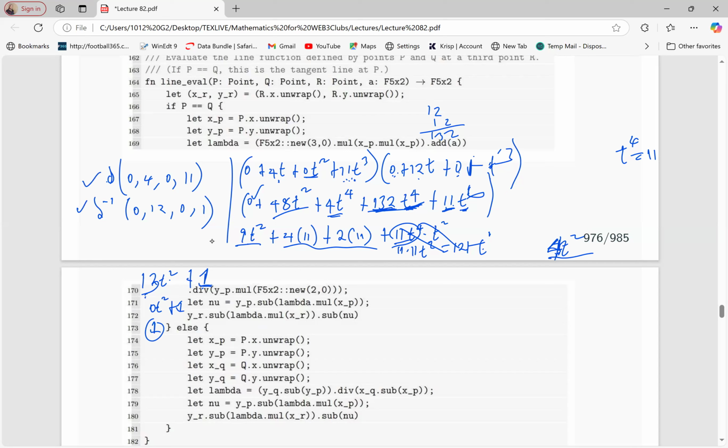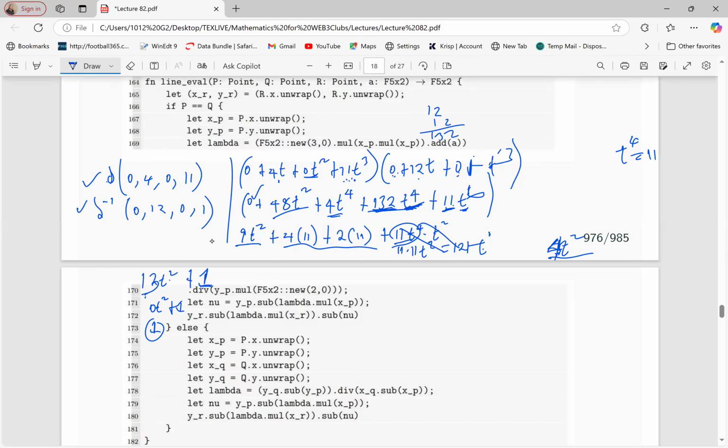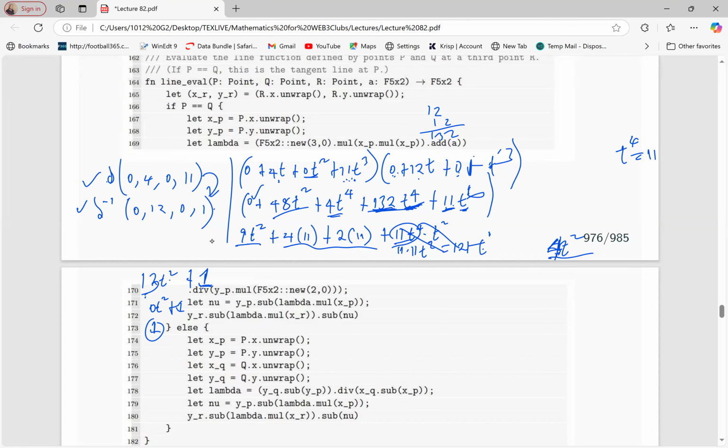And that is how you prove that this is the inverse. So the code will be doing that. We've managed to do this manually, but the code will be calculating the inverse. To calculate this inverse, use the extended Euclidean algorithm. But here we've just verified.